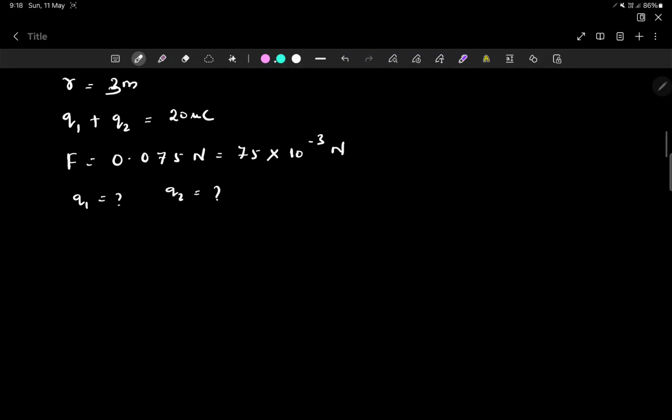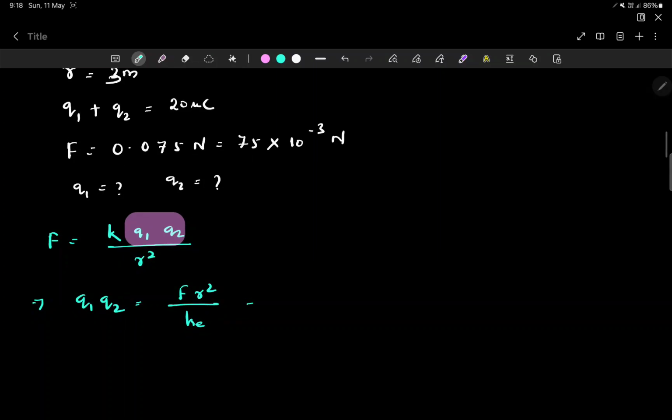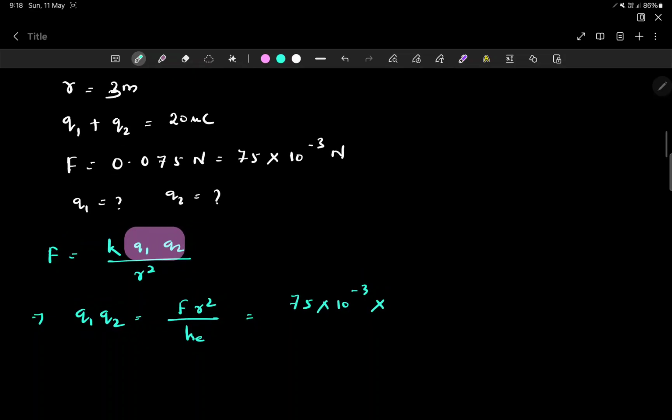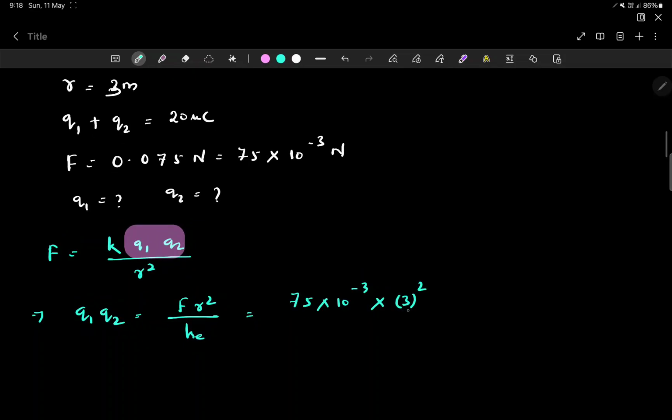So as per the given data, we can write F is equal to K Q1 Q2 by R square. From this we can calculate the value of Q1 into Q2. So Q1 into Q2 will be F R square by Coulomb's constant K. F R square is 75 into 10 to the power minus 3, R square means 3 square, divided by 9 into 10 to the power 9.